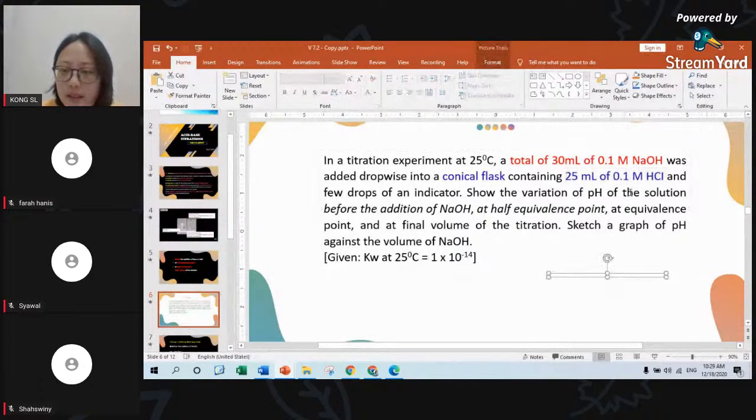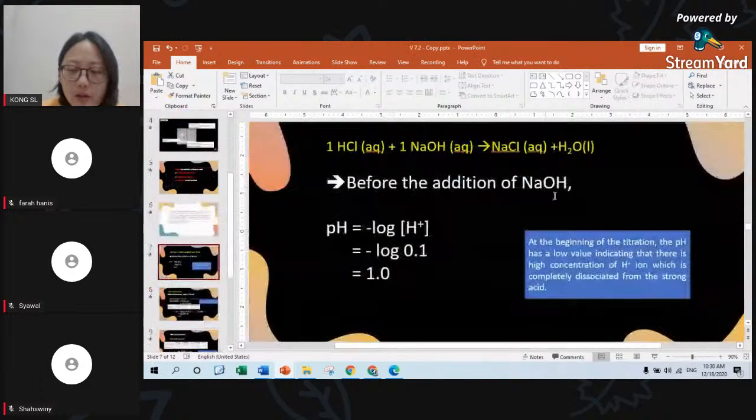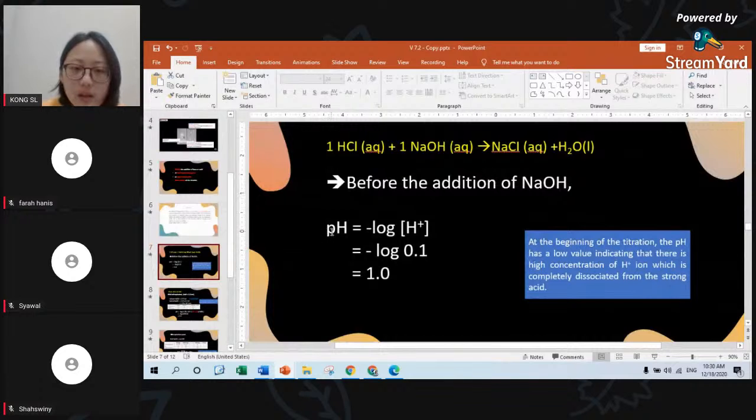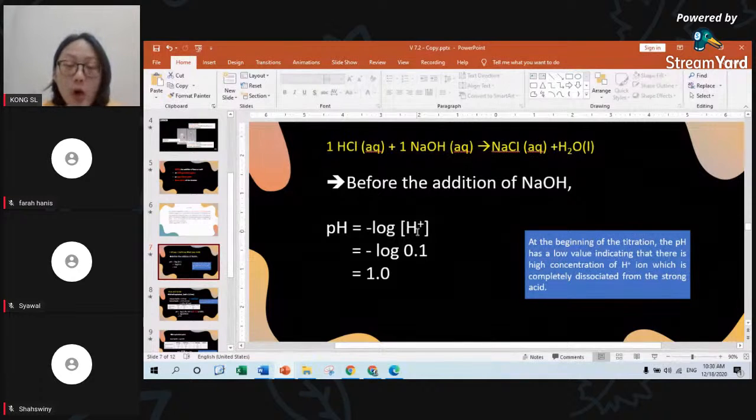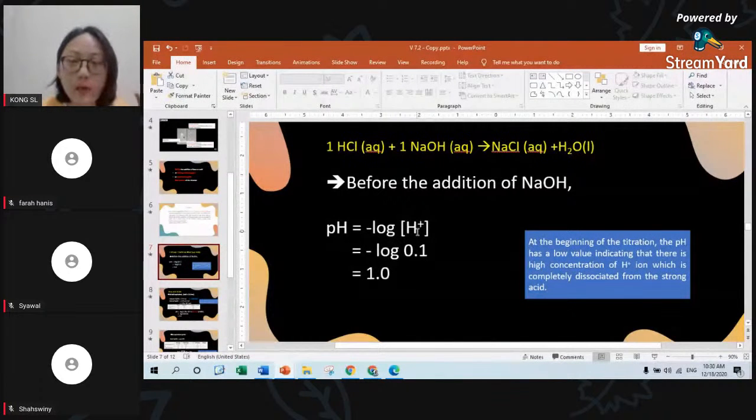So what is the concentration of this solution? For the acid solution it is 0.1. That's why for the first part, before the addition of sodium hydroxide, we just take pH equal to negative log [H+]. Why H+? Because HCl completely dissociates and forms H+ and Cl-, and the ratio is 1:1.